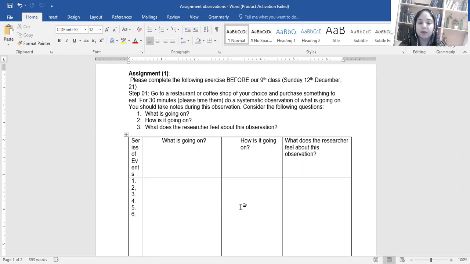Are they running between the boundaries, or around the benches or tables, or are they running in front of the counter but not coming towards the tables? So how is it going on?